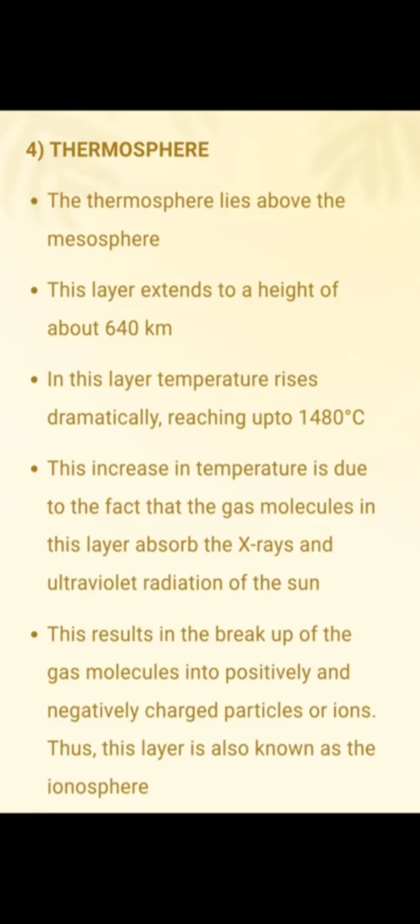This increase in temperature is due to the fact that the gas molecules in this layer absorb the X-rays and ultraviolet radiation of the sun. This results in the breakup of the gas molecules into positively and negatively charged particles or ions. Thus, this layer is also known as the ionosphere.